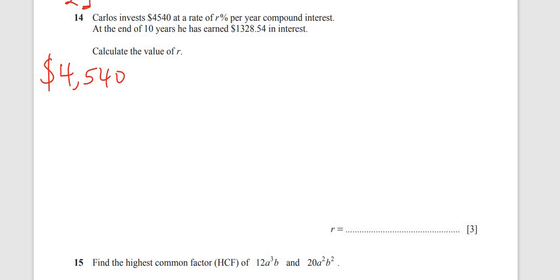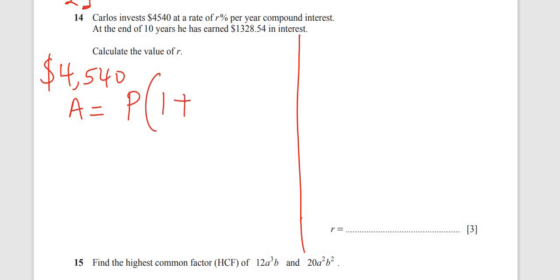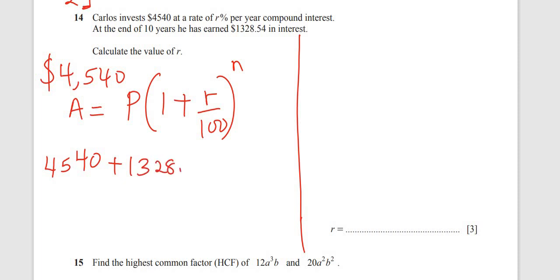So here we need to use the formula for the compound interest, where the amount at the end of the investment period is equal to the principal amount multiplied by 1 plus the rate raised to the power of n, which is the number of years. So for this case, the amount is going to be given by 4,540. We add 1,328.54 because this was the interest, it's not the amount.